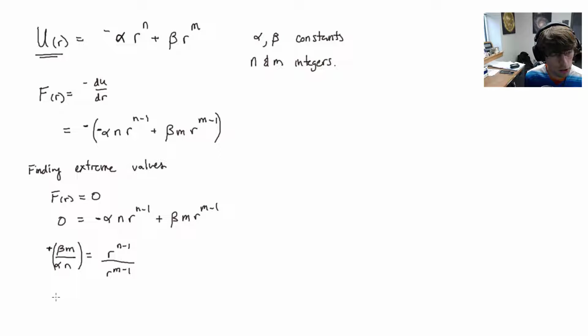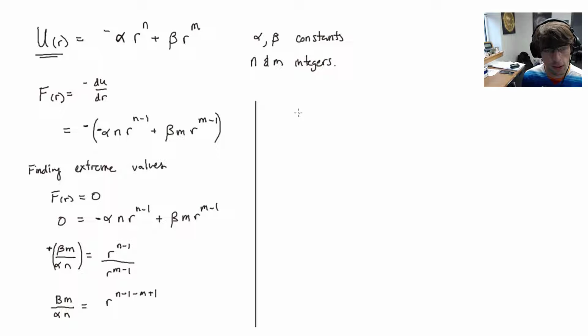Okay, well, at the end of the day, this would be beta m divided by alpha n equals r to the n minus 1 minus m plus 1. Oh, goody goody. It's got some cancellation.